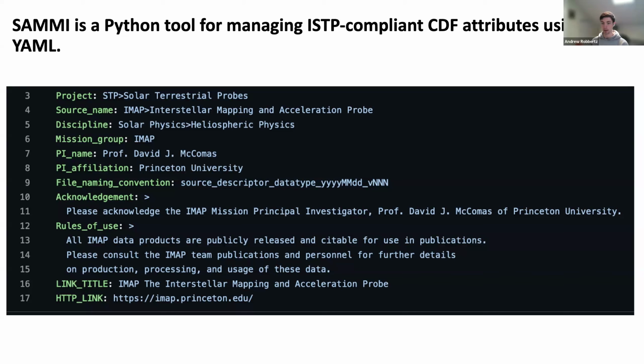And the way that the templating and the layering of these files works is that you only have to define these attributes once, and SAMI will be able to layer for all of the instruments that IMAP is using and all of the different data products for those instruments the same set of global attributes that were defined once, so that they don't have to be defined umpteen times across however many skeleton files you might be interested in generating.